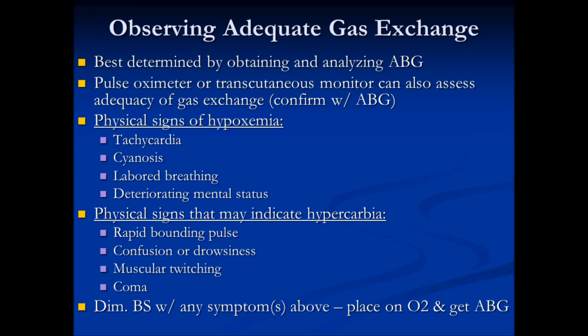All of those signs tell you that there is poor gas exchange between the venous system and the alveoli. So as the tissues are giving off CO2, they are transporting that CO2 back to the lungs, and for whatever reason, the CO2 is not able to escape out of the body, usually because the patient is not ventilating properly.